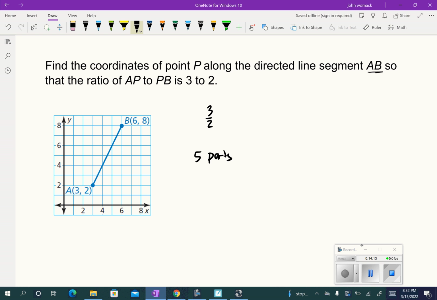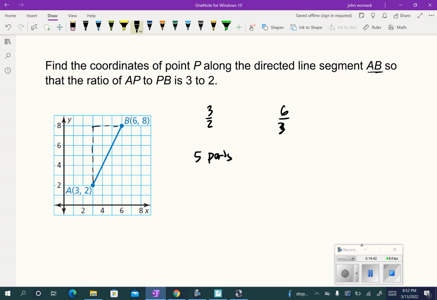So I'm going to count how far I go up, which is 1, 2, 3, 4, 5, 6. You go up 6. And we go over 1, 2, 3. You go over 3, right? So my slope is 6 over 3. Well, I want my ratio from A to P to be 3 to 2.